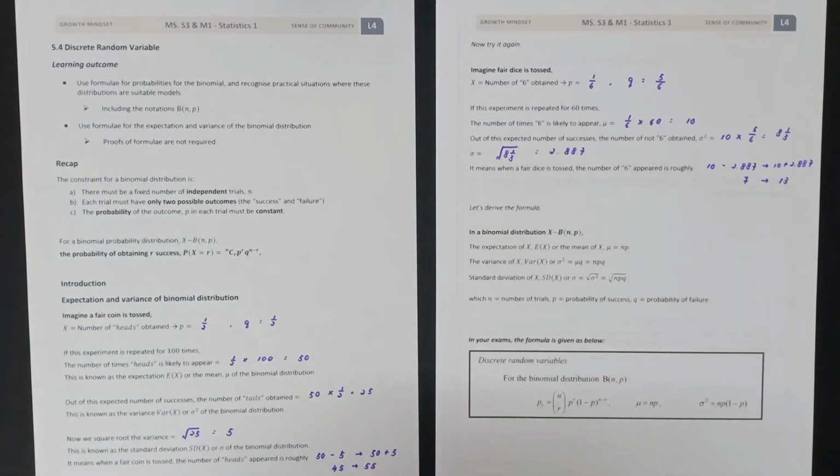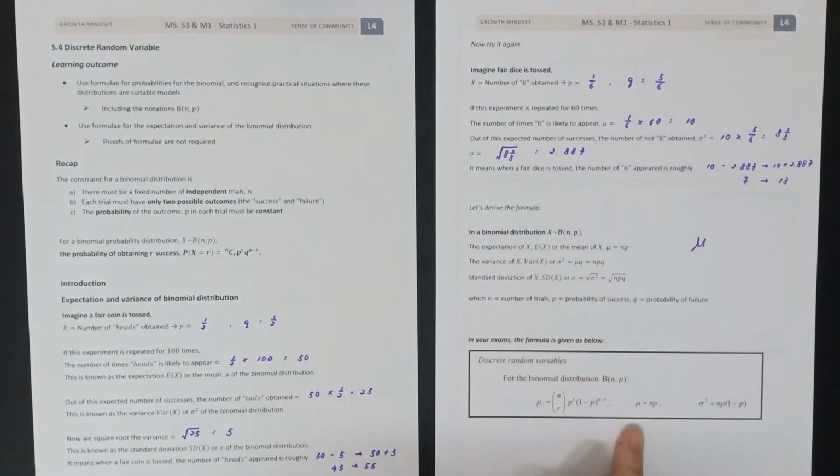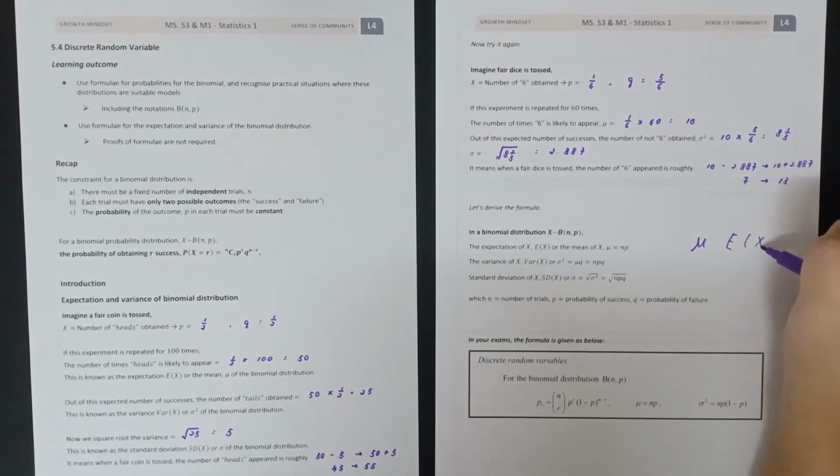Okay, so in your exam, I try to put everything together, because that's the end of the part for binomial distribution. You have a formula for your probability and a formula for your mean. You need to know that this symbol actually means mean. It's the same thing if they use E(X), expectation is the same thing.